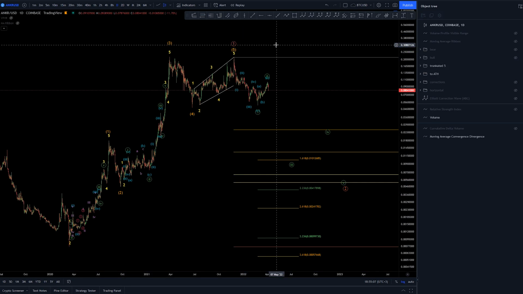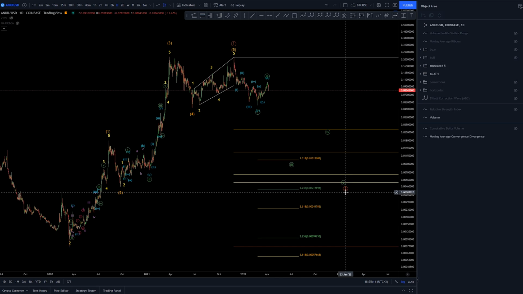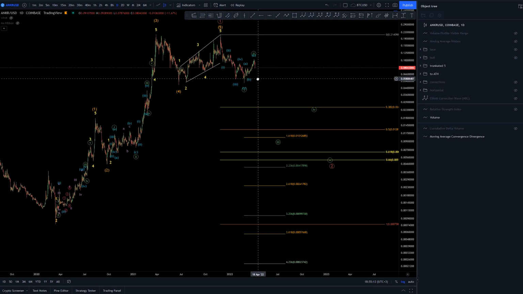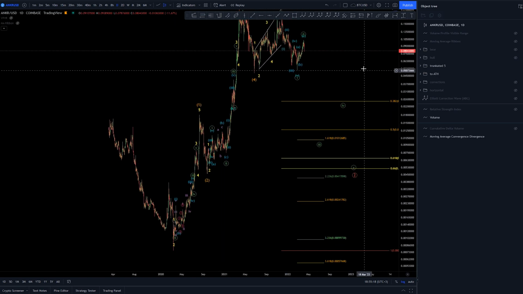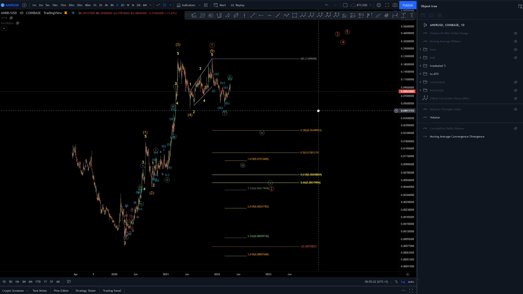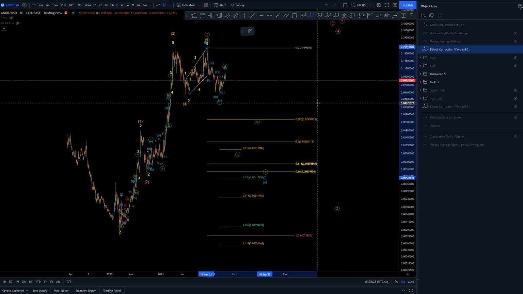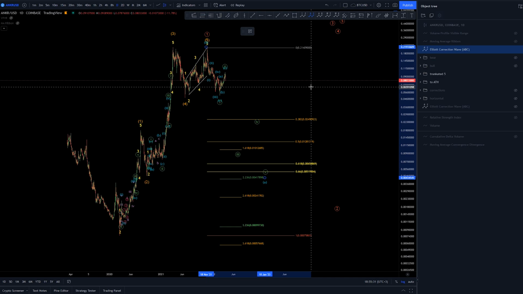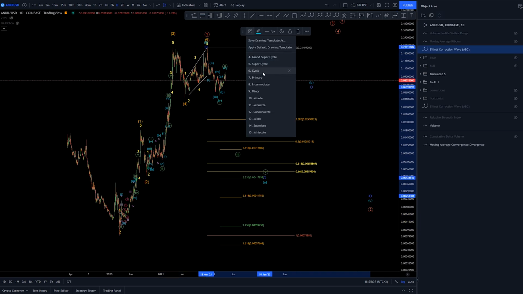Now if this is a primary 1, we are looking for a major correction downwards. If nothing is extended, we are looking for quite the pullback. Now this would be just the first leg of this A. Then we would go correctively up to B and could even come lower to the C here.